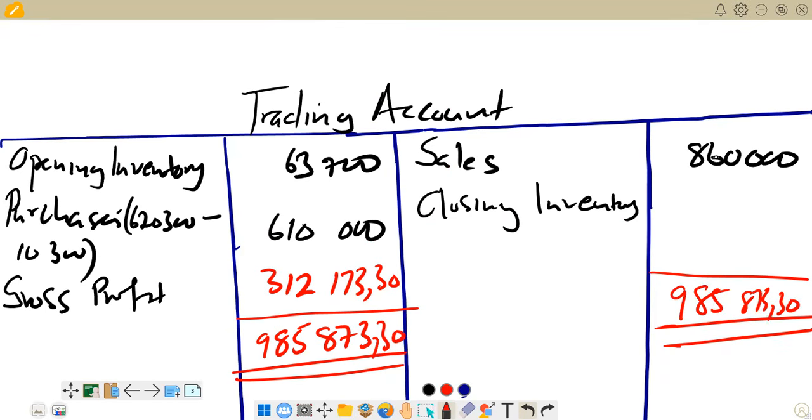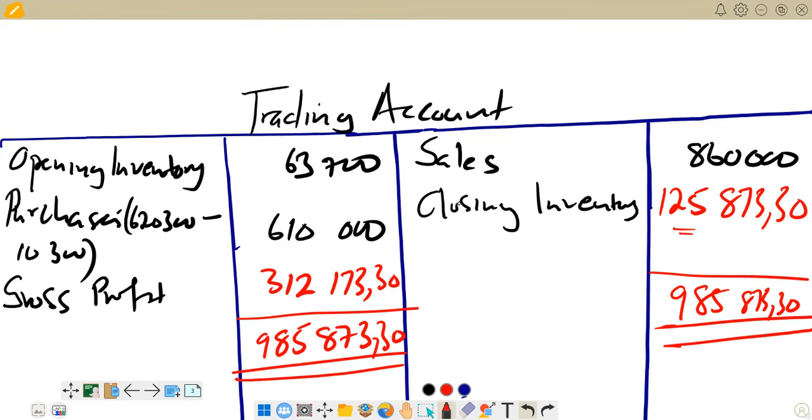So you say this figure minus this figure, then you get your closing inventory, which is 125,873.30. So this is our closing inventory, 125,873.30.